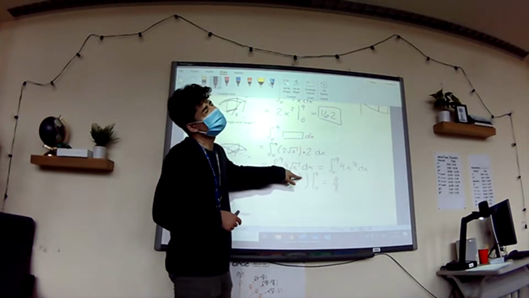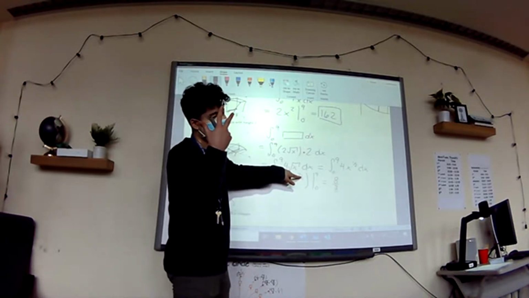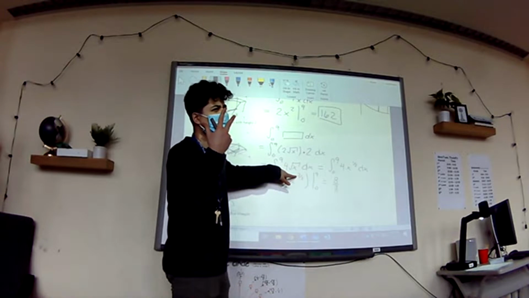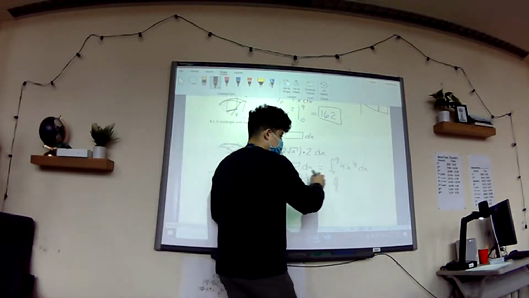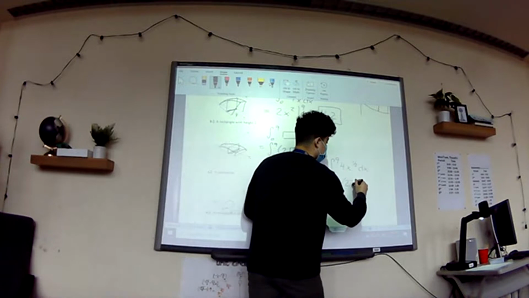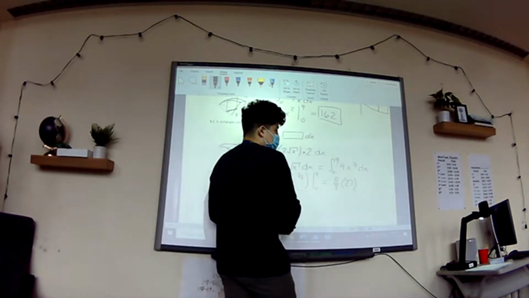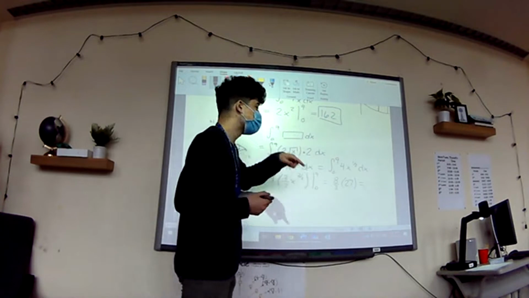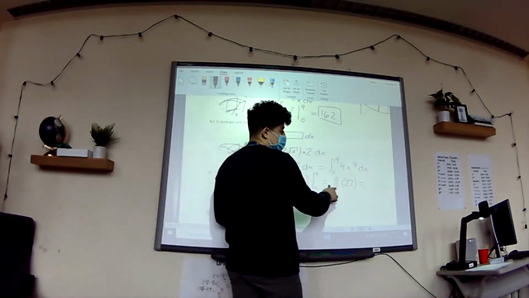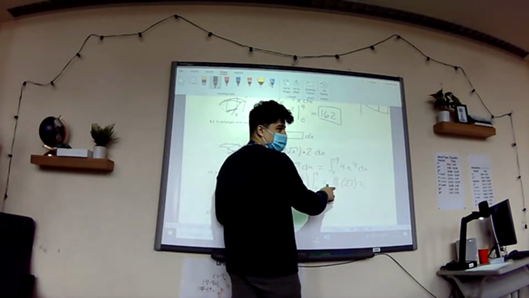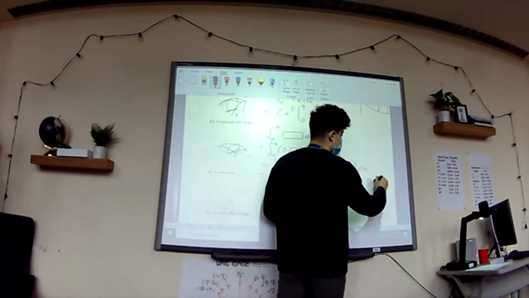So the square root of 9 is 3, and then cubed is 27. So this x to the 3/2 will become 27. Nice, and then 27 times 8/3. Oh, watch this. 27 divided by 3 is 9, and then times 8 is 72.